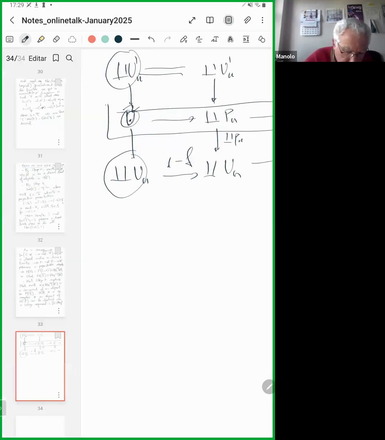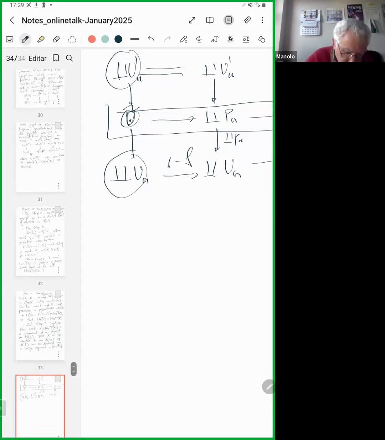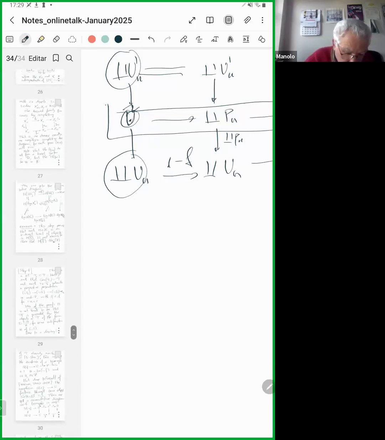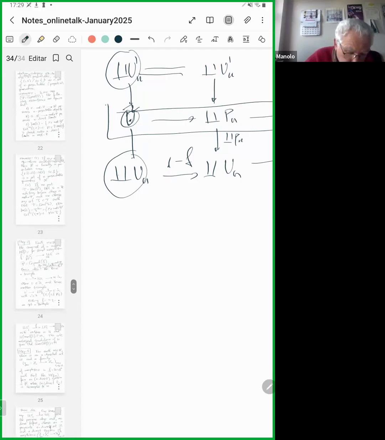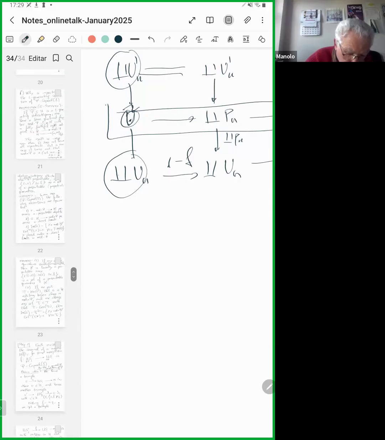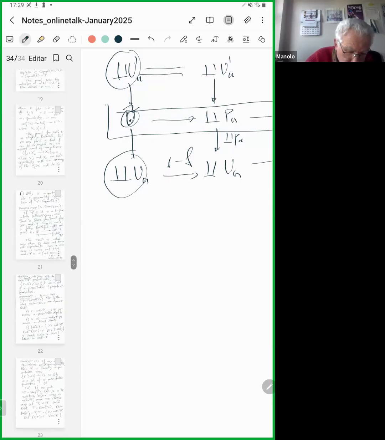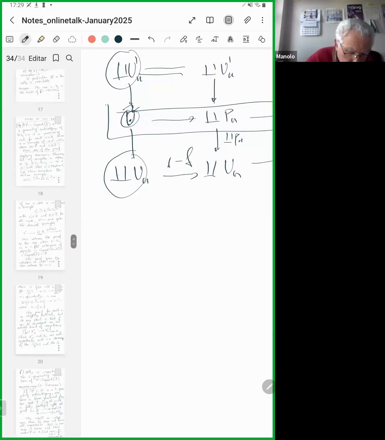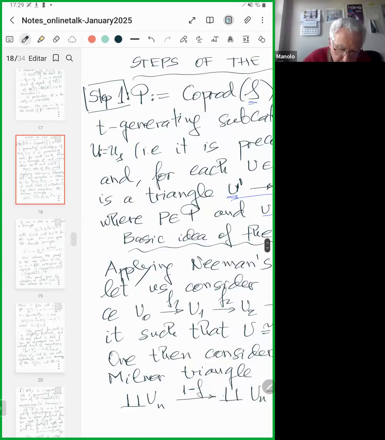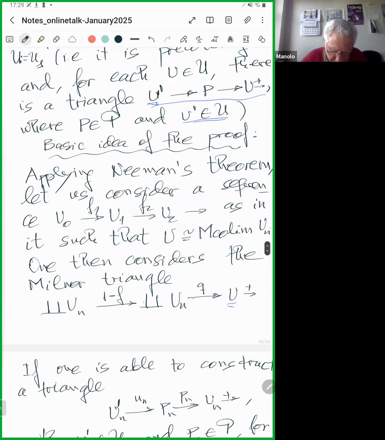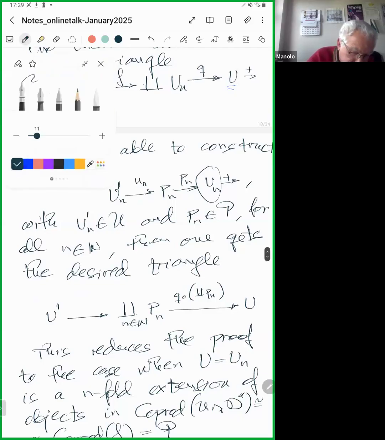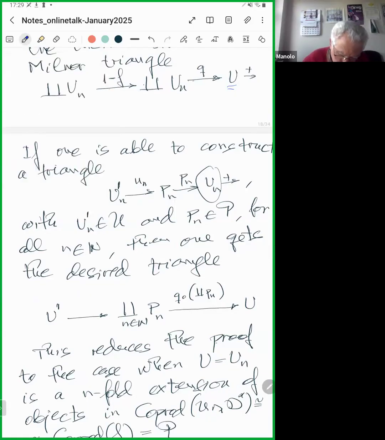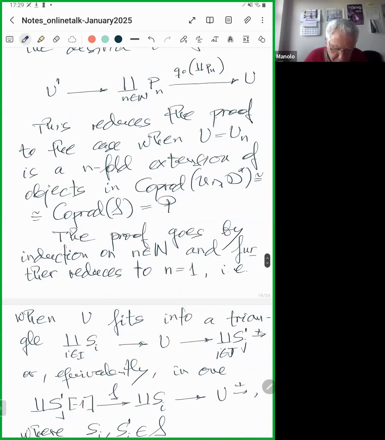So the conclusion of this is that it is enough to prove the result for all these U_n, and the proof goes by induction.